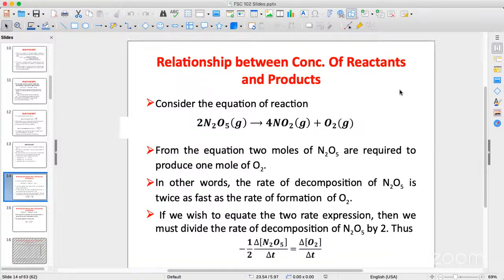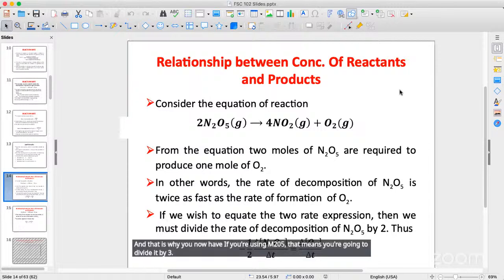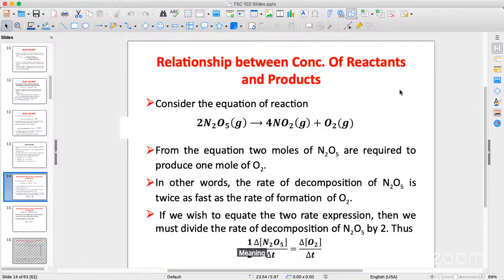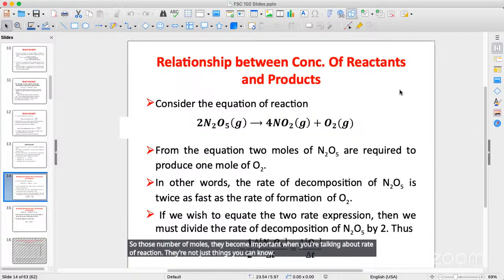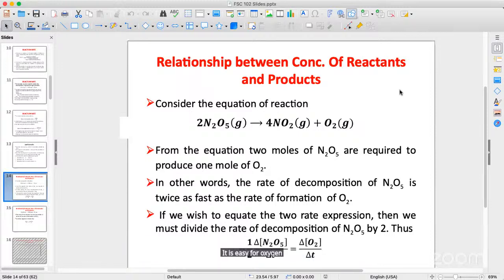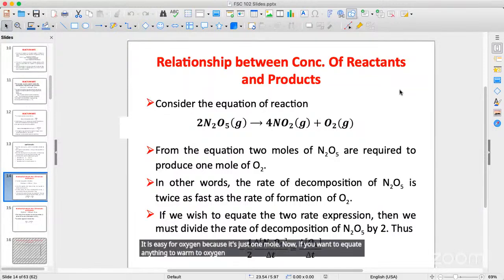That is why, if you're using N2O5, you divide by 2, meaning half of N2O5 divided by time is equal to O2 divided by time. So those numbers of moles become important when you're talking about rate of reaction. They're not just things you can ignore. It is easy for oxygen because it's just 1 mole, but if you want to equate anything to oxygen, the number of moles has to be taken into consideration.